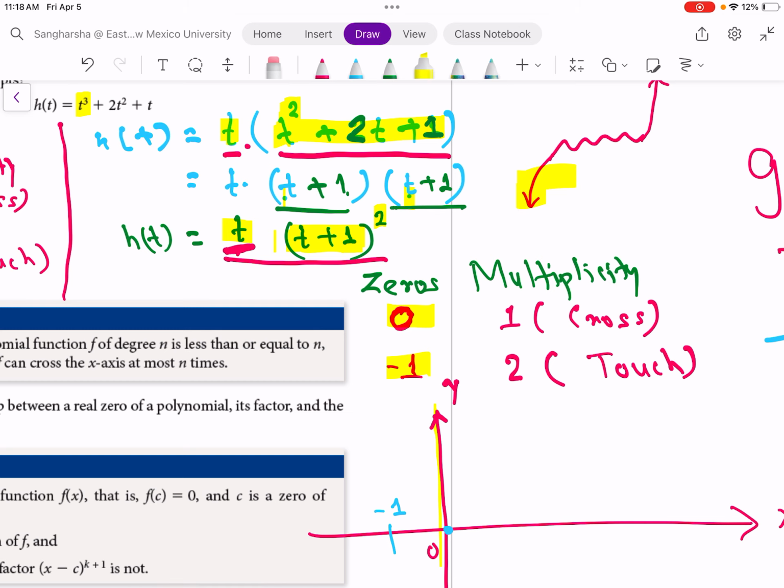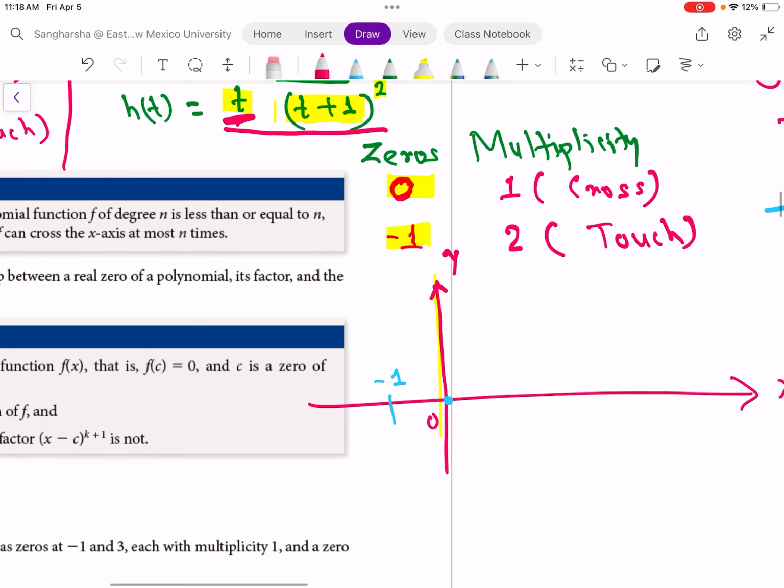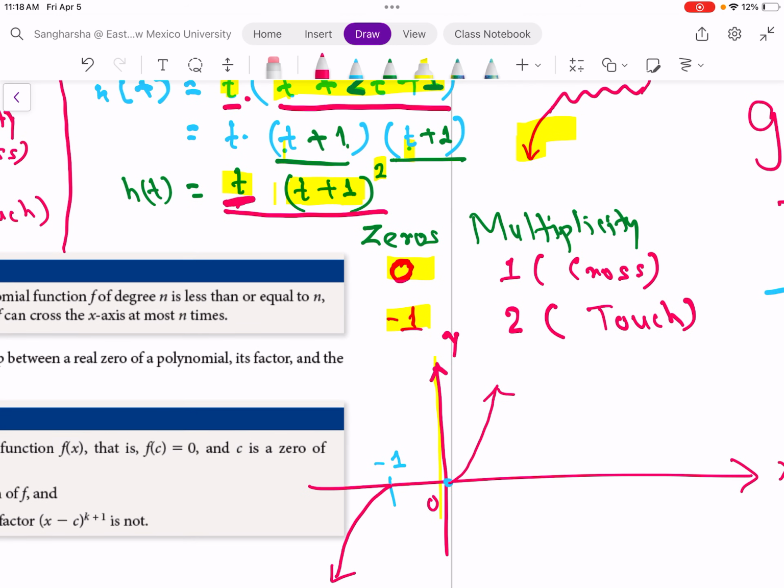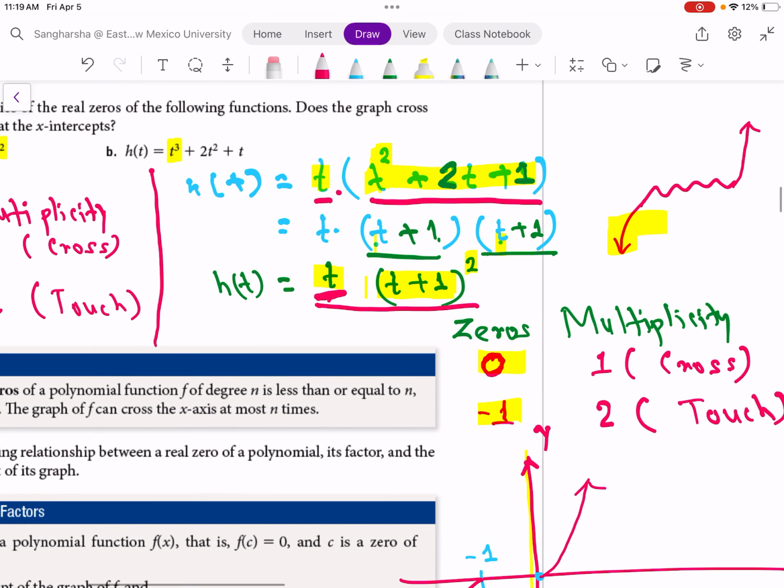So left means at negative 1 the graph is here, and at 0 the graph is here. Now we need to know what happens in between negative 1 and 0. So for that we choose a number in this interval. Let's choose negative 1/2, and we find whether the function is positive or negative there.